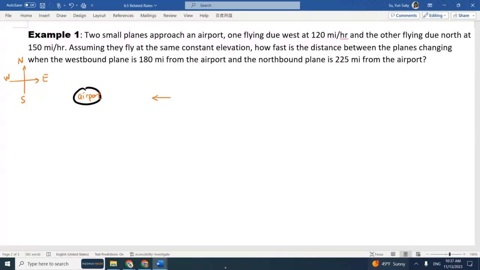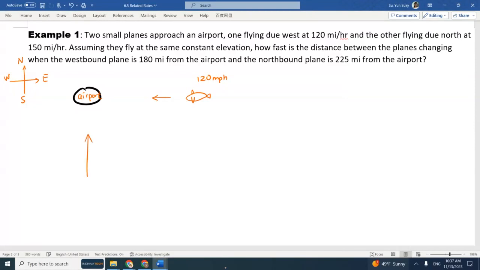Okay, so we have a plane. Okay, this is like a plane flying west, and 120 miles per hour. You can see 120 miles per hour. This is the velocity, right, everybody? And the other plane flying due north.